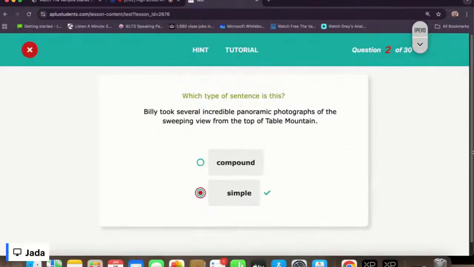So we have simple. So: The weather forecast had predicted several severe thunderstorms, but the dark, heavy thunderstorms never materialized. So first to second.